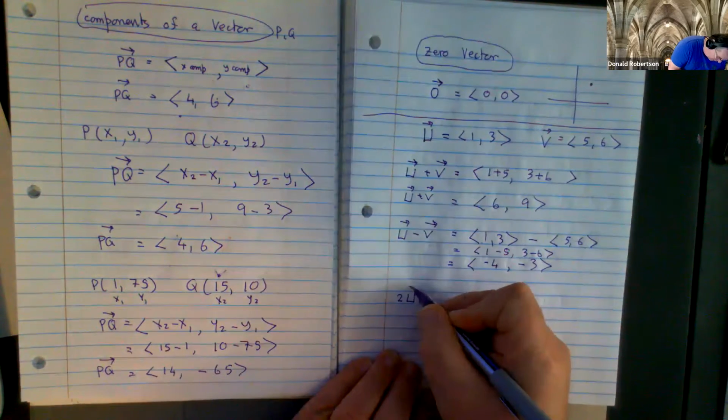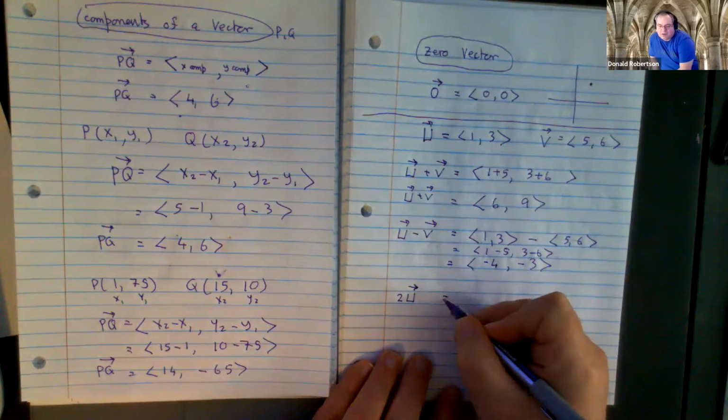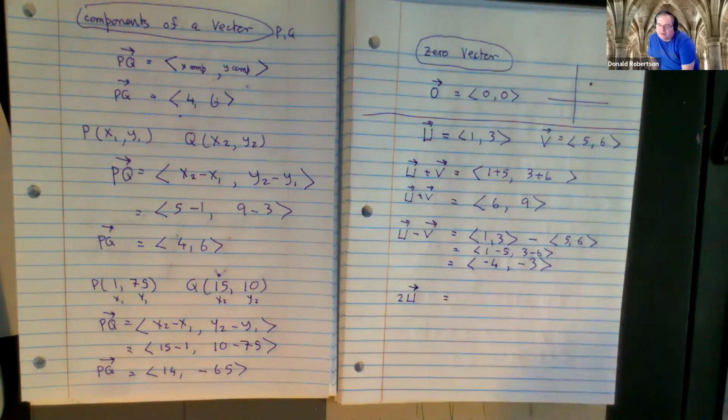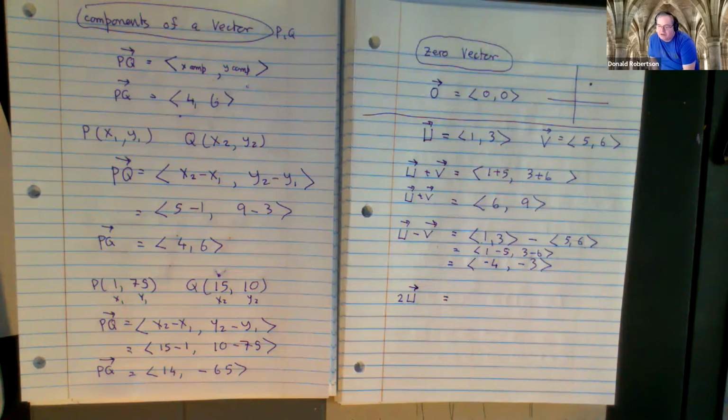You can multiply a vector. You can find the vector 2u, just like you can find 2x. Based on what's happened previously, what do you think you're going to do to find 2u?